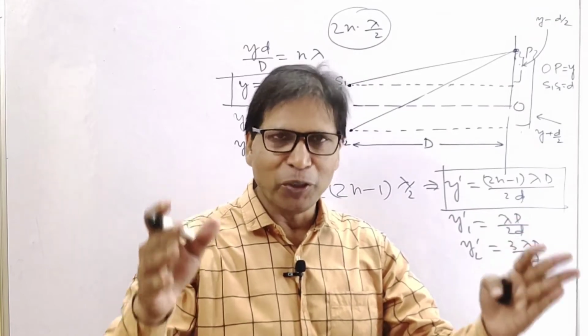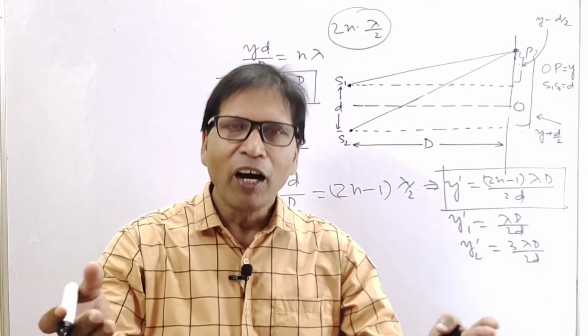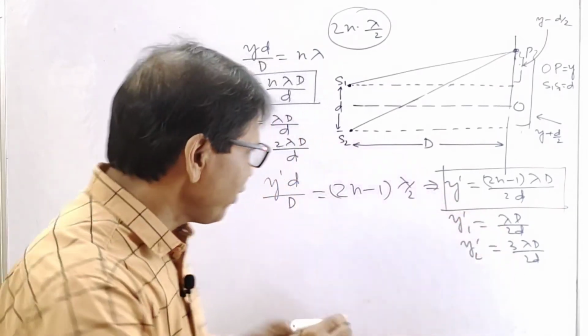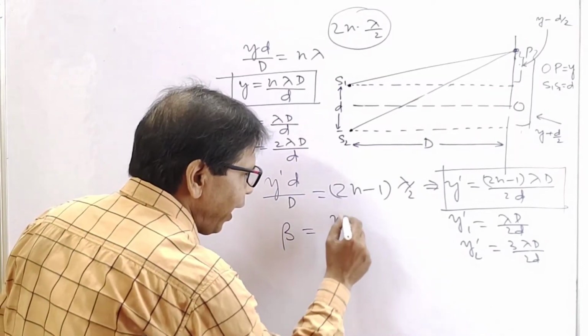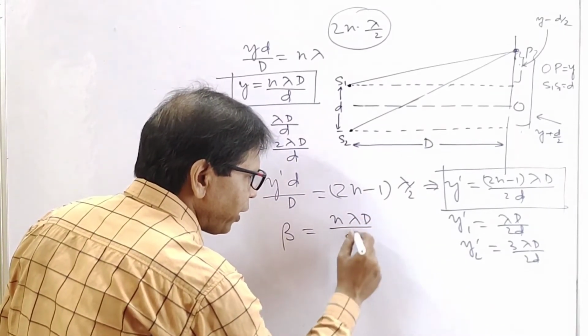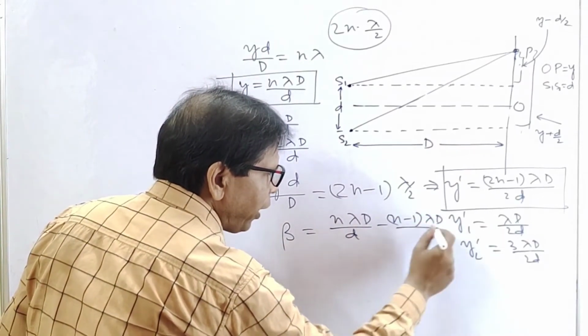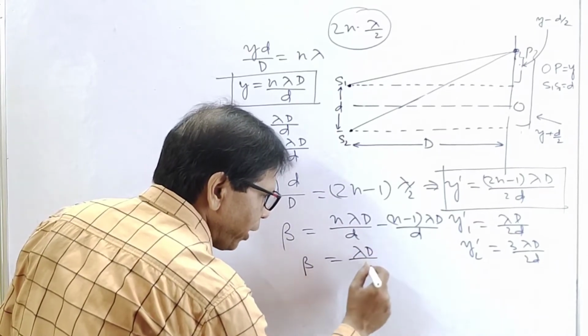Now fringe width. The distance between two consecutive minima or maxima is called fringe width. Therefore, fringe width beta equals n lambda capital D by d minus (n minus 1) lambda capital D by d. So beta equals lambda D by d.